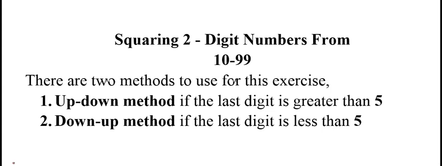And so this time around, I want to look at this particular principle with two methods, which are called the up-down method if the last digit is greater than 5, and the down-up method if the last digit is less than 5. So like the first ones that we did, those were special.